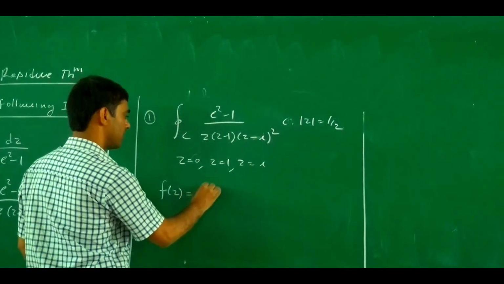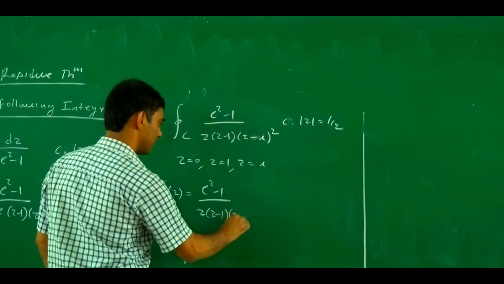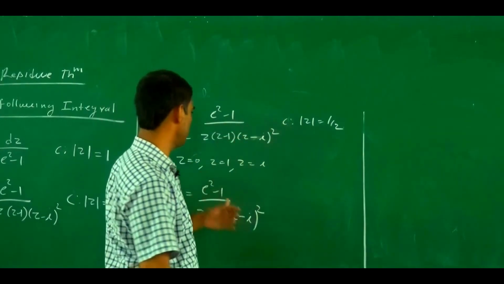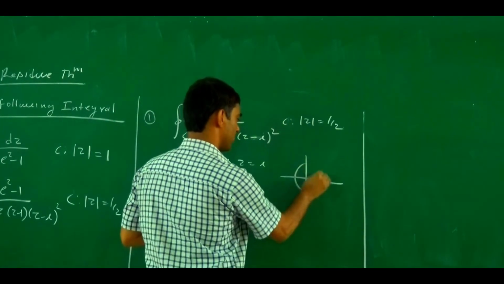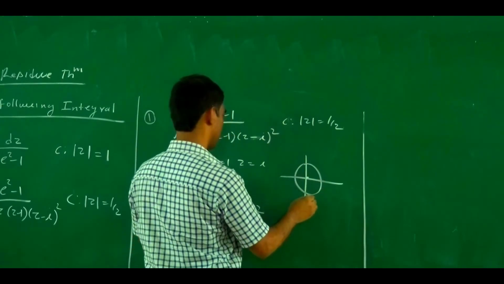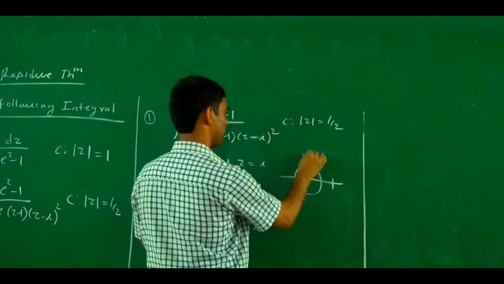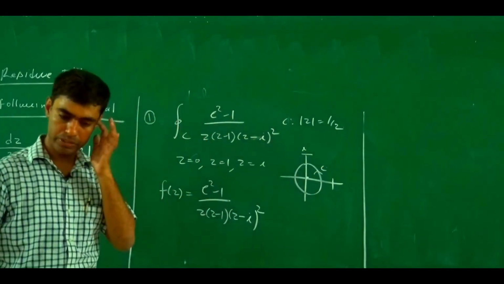We write e to the power z minus 1 divided by z, z minus 1, z minus i whole square. And if you closely observe, z equal to 0 lies inside. All other points, meaning 1 and i, lie outside this curve.